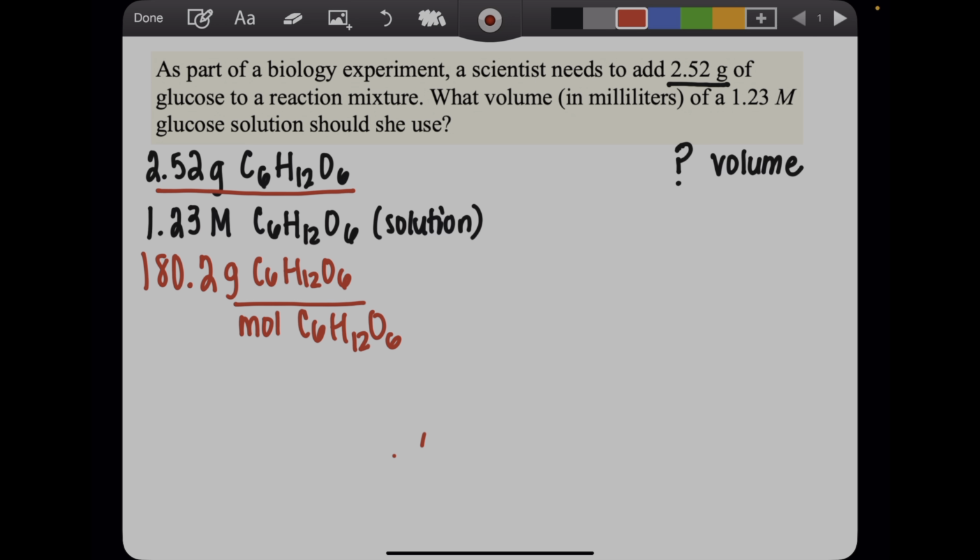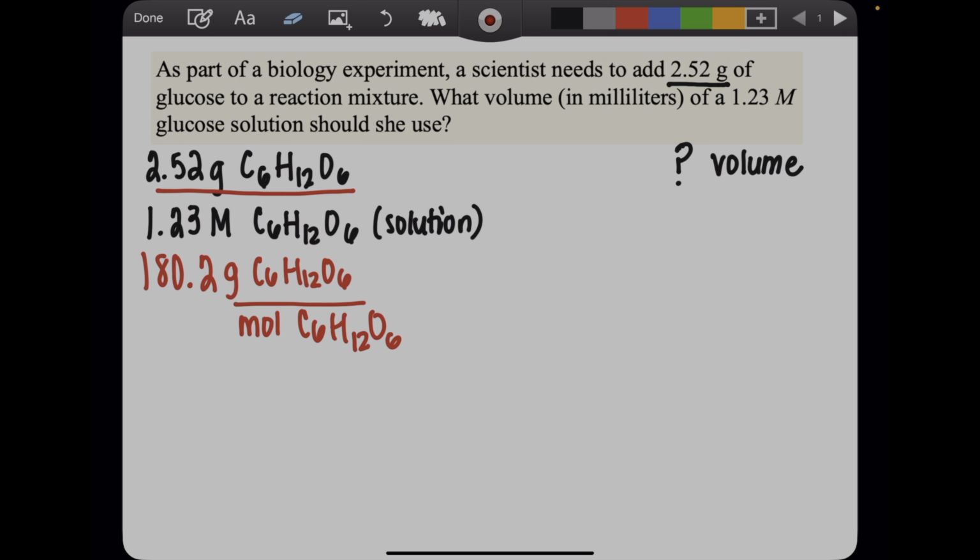So we actually have pretty much all the information we need. So we can go from the mass they give us to the moles we need, and then establish a relationship between that and the concentration that is given. So let's do that first.